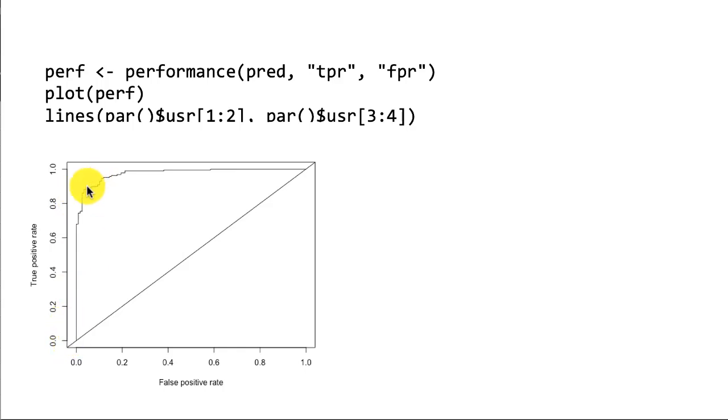So if you took the people with the highest probabilities for being a Democrat, you will find that the system is extremely powerful. So you can get a true positive rate of almost 0.7 without incurring even one false positive. In other words, the top many cases are correct if you went by the probabilities.